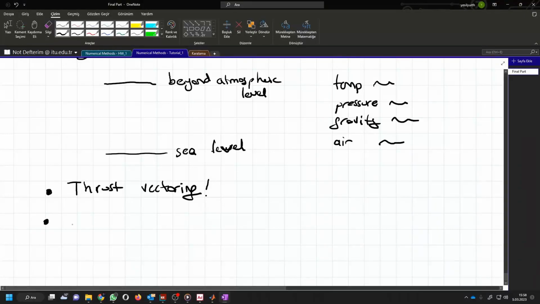So our little rocket will be burning fuel, which means the mass value in our differential equations is being changed. So let me write this down.